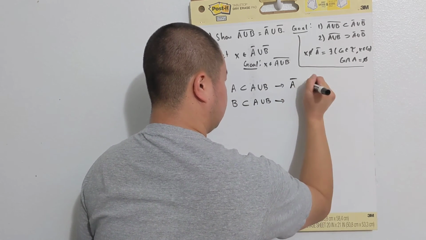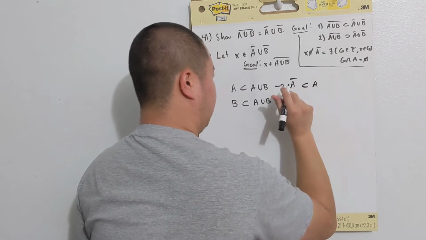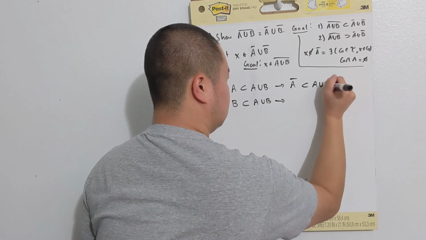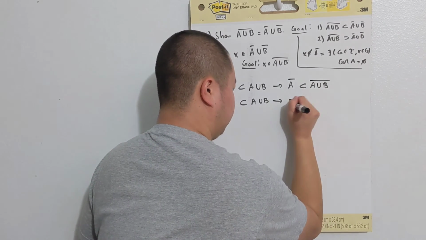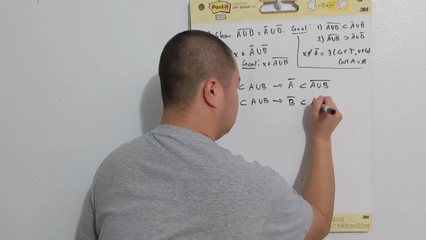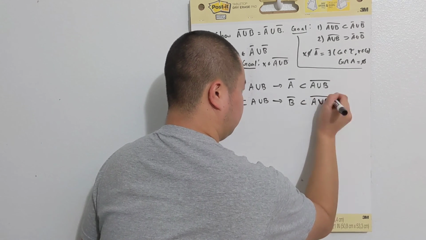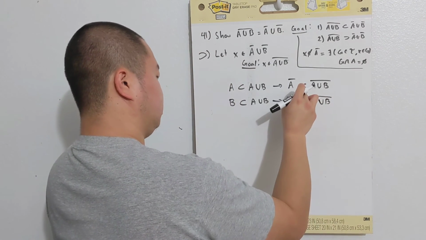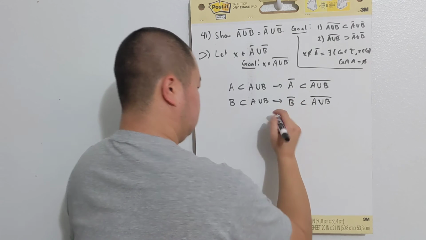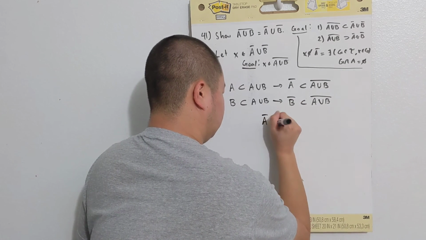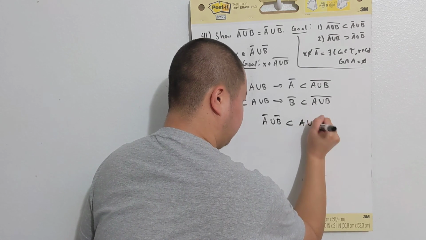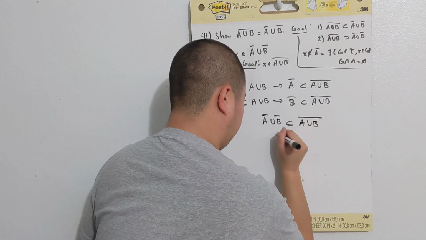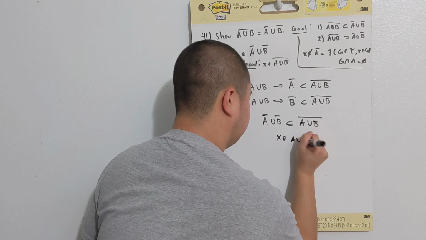So we can say that the closure of A is in the closure of A union B, and the closure of B is also in the closure of A union B. If we combine these two together and union them, then the closure of A union the closure of B is a subset of the closure of A union B. Therefore, X is in the closure of A union B.